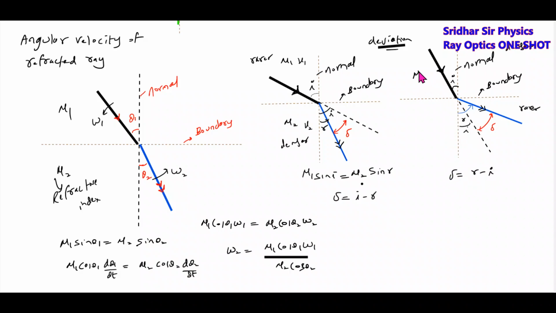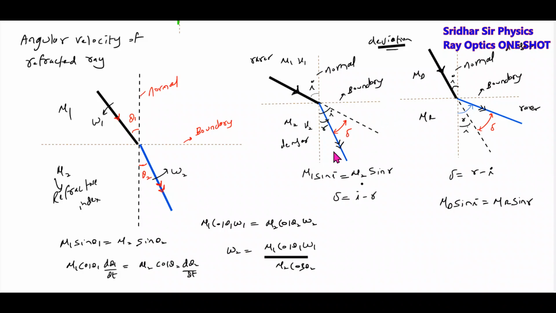The same Snell's law you can apply. When a ray moves from denser to rarer, the ray will bend away from the normal. Then Snell's law will be mu d sin i equals mu r sin r. All these small ideas of Snell's law you must be very careful about.